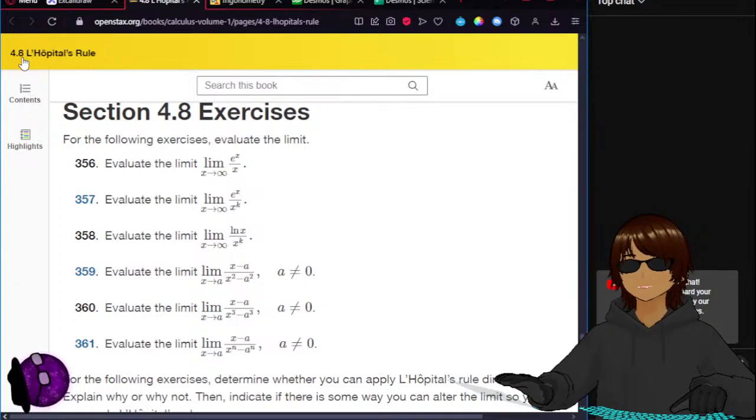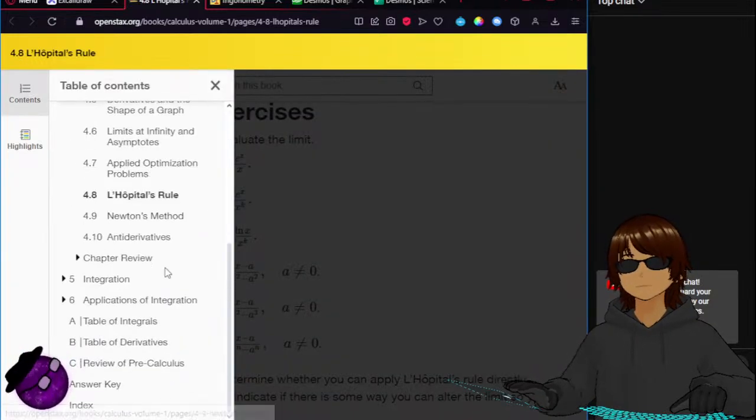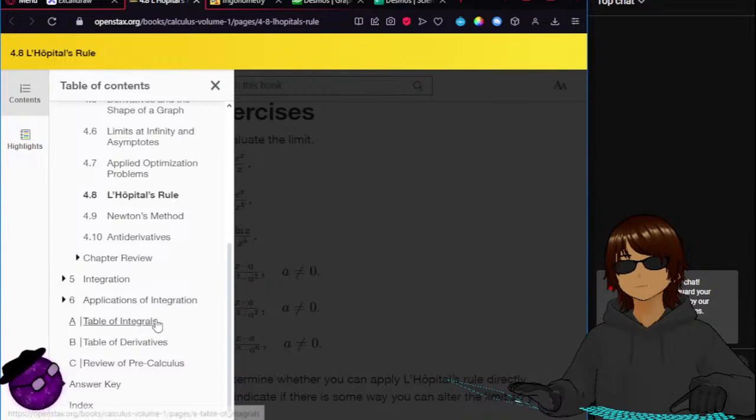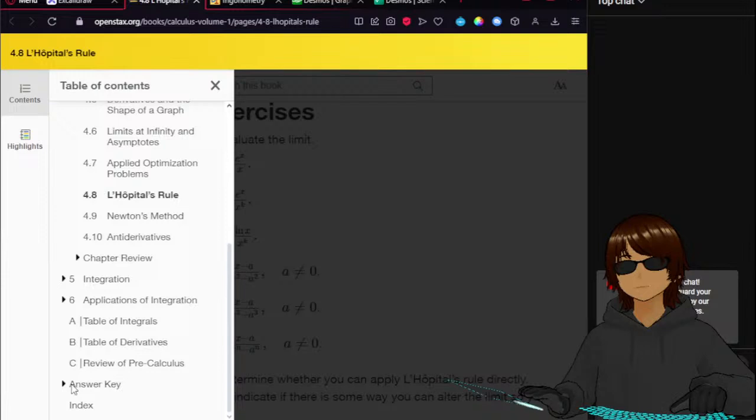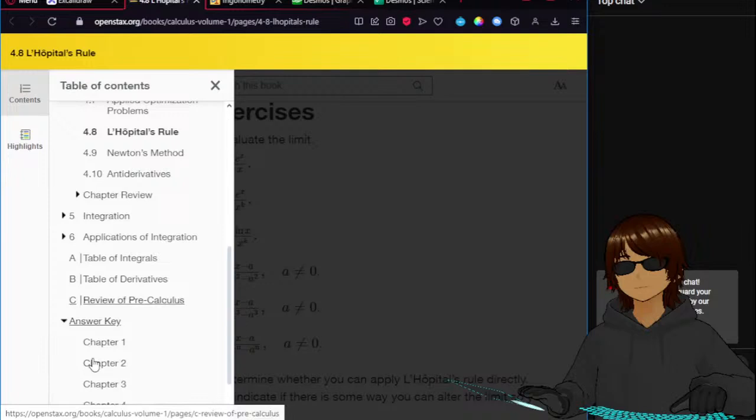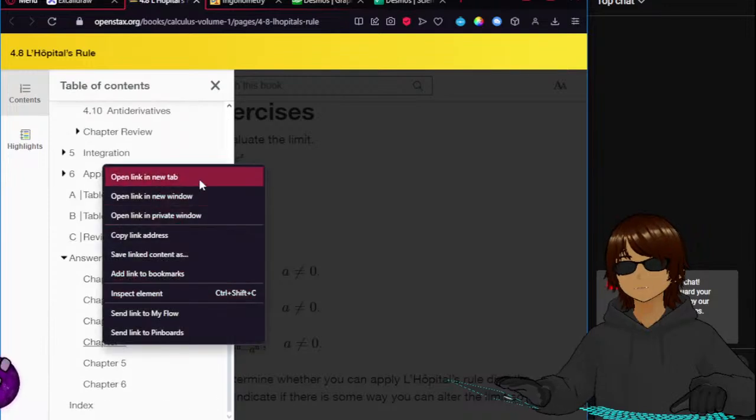I need to know the value of k though. So, answer key, chapter 4.